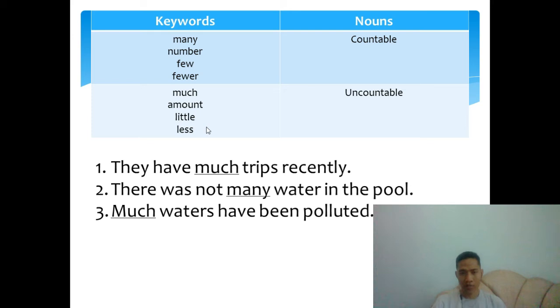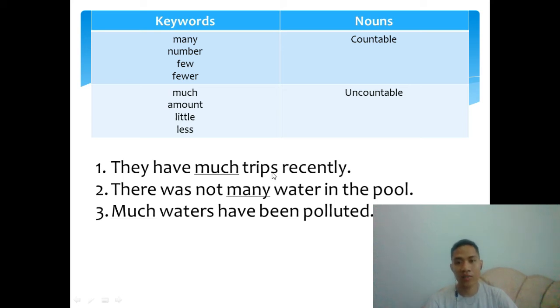Right. Now let's look at these three sentences. Number one, they have much trips recently. In Part 2, Error Recognition, Section 2 of the TOEFL test, the underlined words need to adjust with the words that are not underlined.